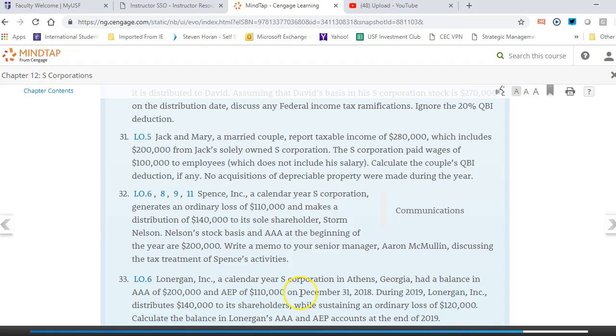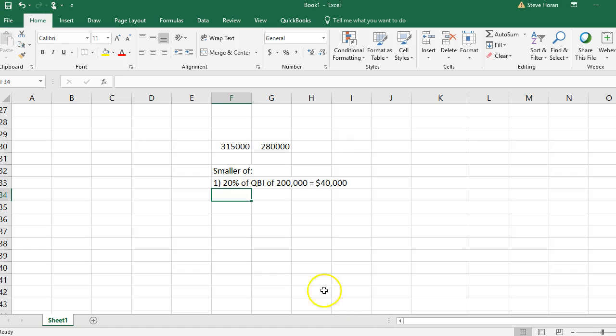Go back to the question, and right here, the 200,000 worth of income from the S Corp. 20% of that is 40,000. So it's the smaller of 1 or 2.